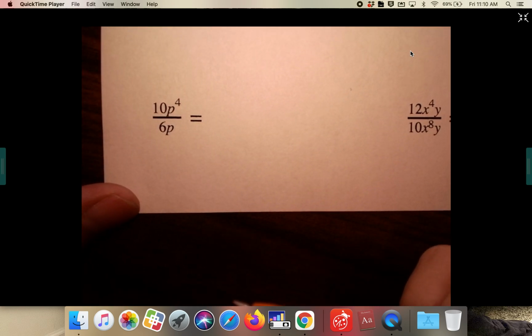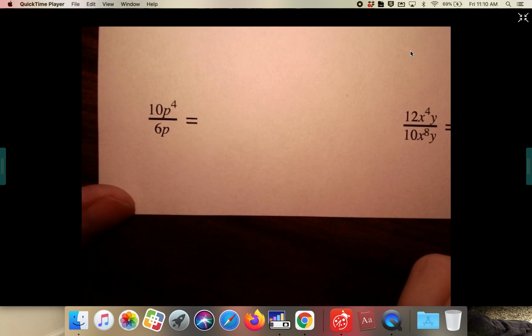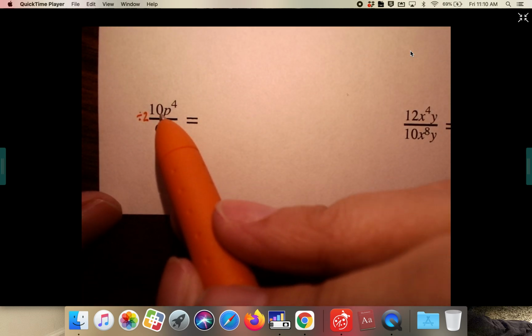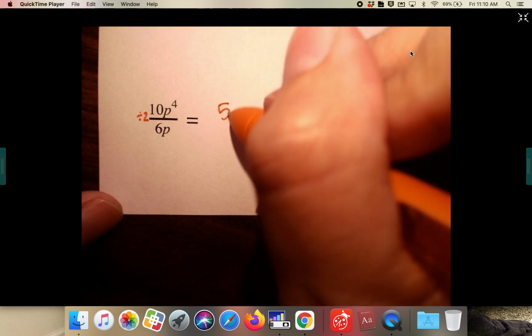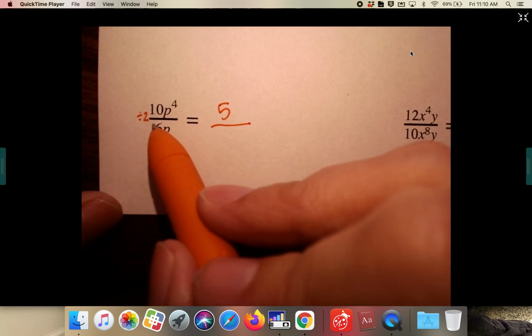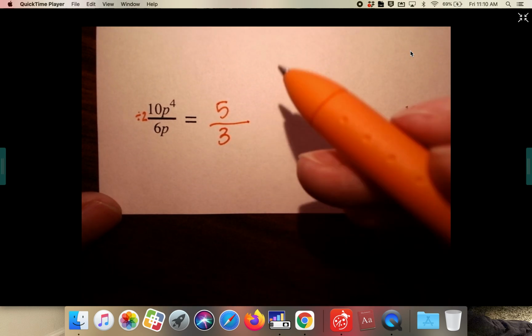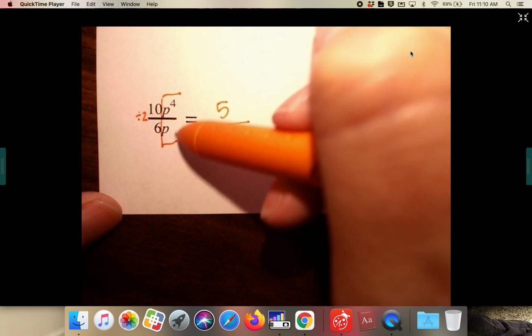10 divided by 6. 10 and 6 do not divide evenly, but they do simplify. You can divide them both by 2, can't you? 10 divided by 2 is 5. 6 divided by 2 is 3. So let's simplify it. If you can simplify it, let's do. And then these two are the same base.